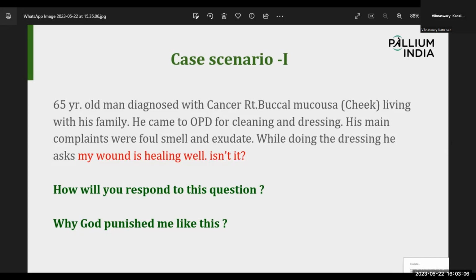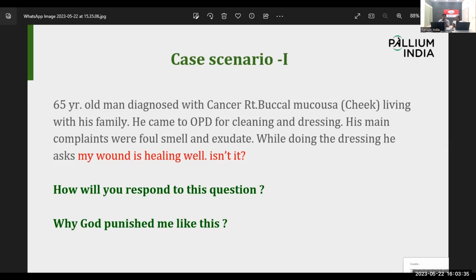So we have to keep it in mind always. Then only you have to respond to these kind of questions. Now we know this patient's wound is not able to heal well. Again, he was asking you, my wound is healing well, isn't it?